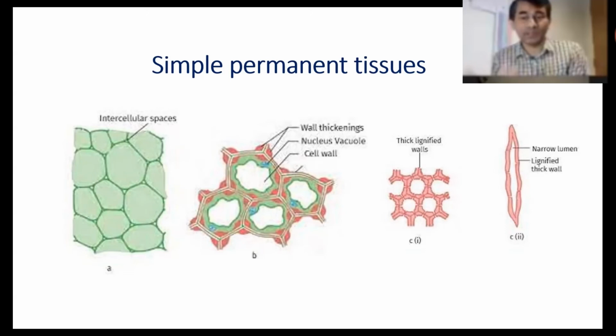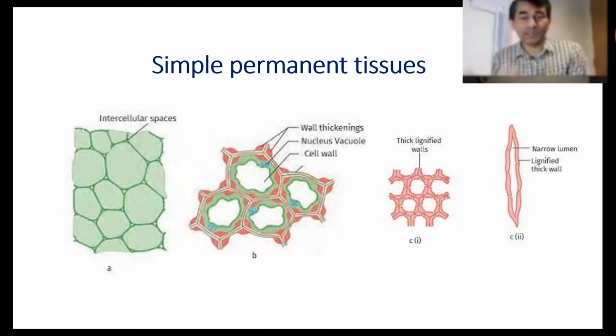Now, the parts of the plant which are hard and stiff have sclerenchymal tissue. Now, do you remember coconut? Coconut has got a hard covering. It is called the husk of a coconut. It has got sclerenchymatous tissue. Sclerenchymatous tissue is there in fruits, in the coating of seeds, and also present in the stems.